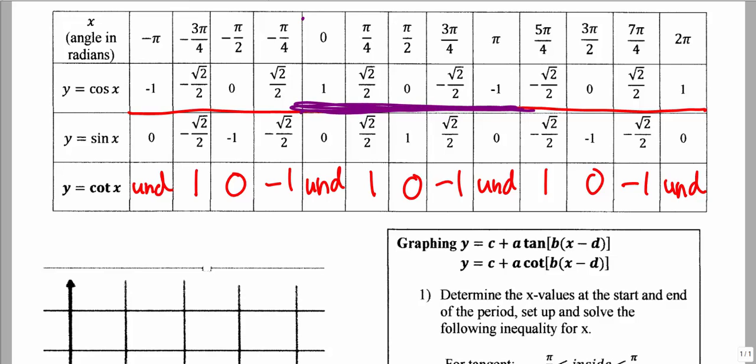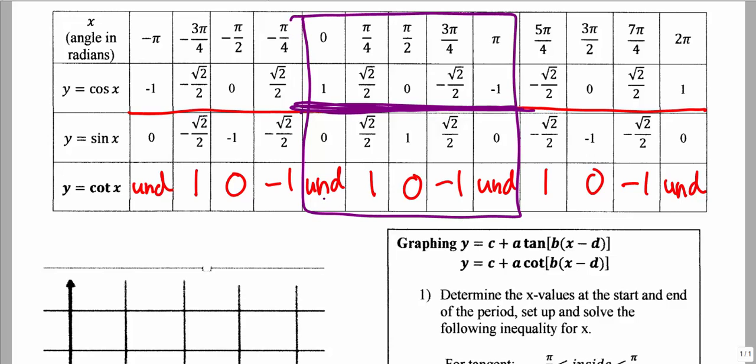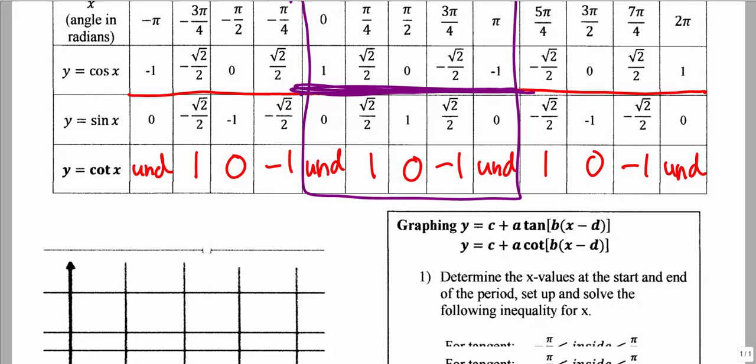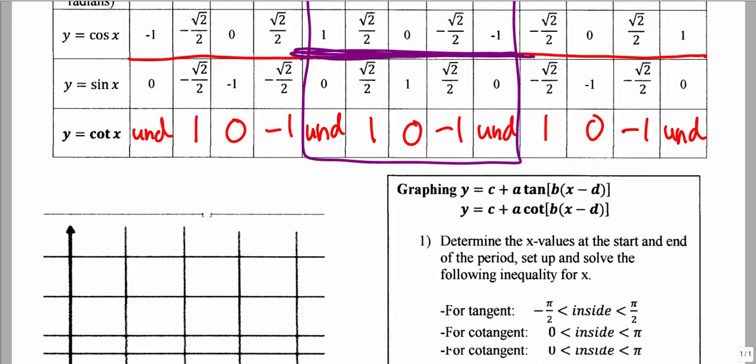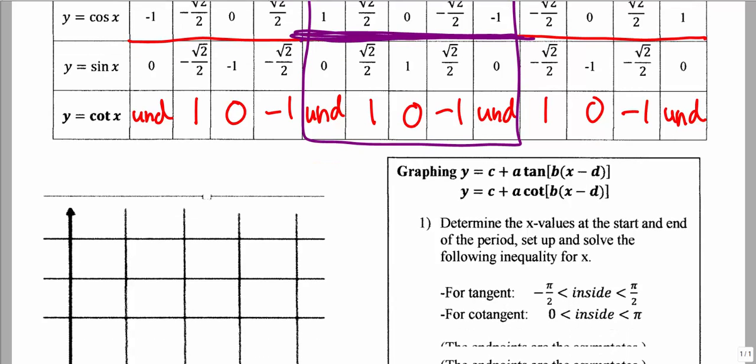So from 0 to pi, cotangent will start at 0 and end at pi. Pi units still, so the period is still pi, but its asymptotes start at 0 and end at pi.